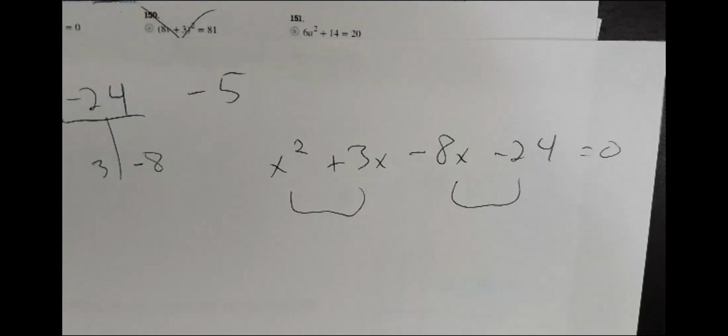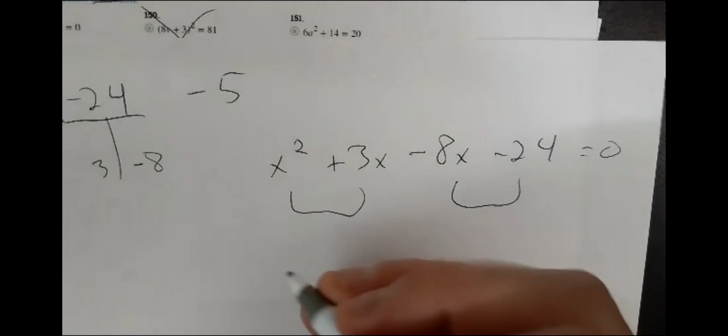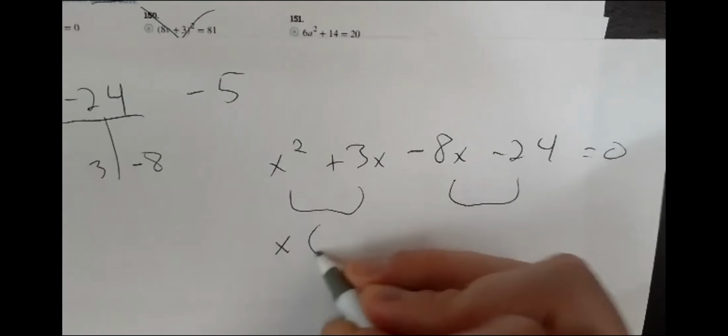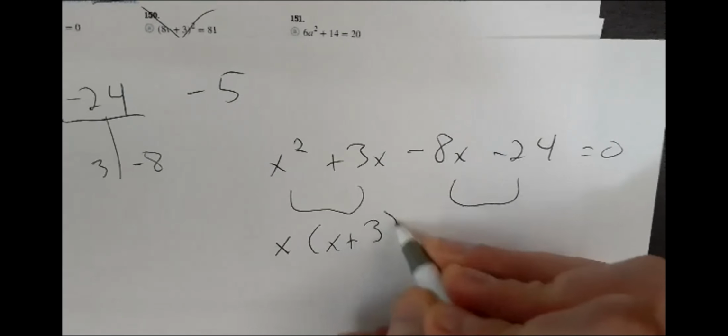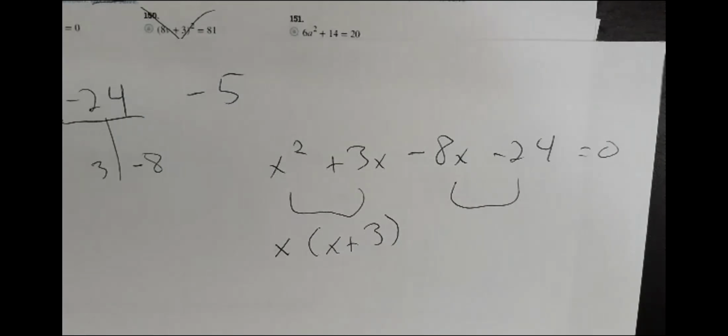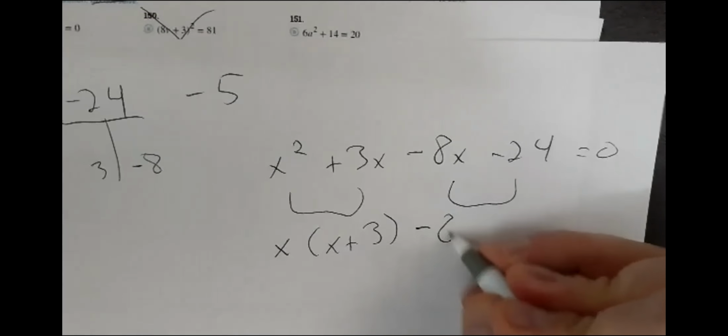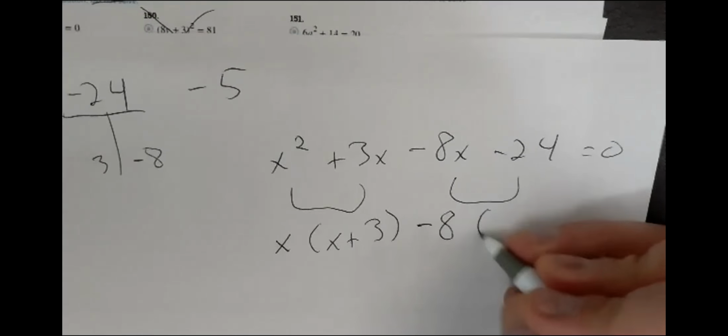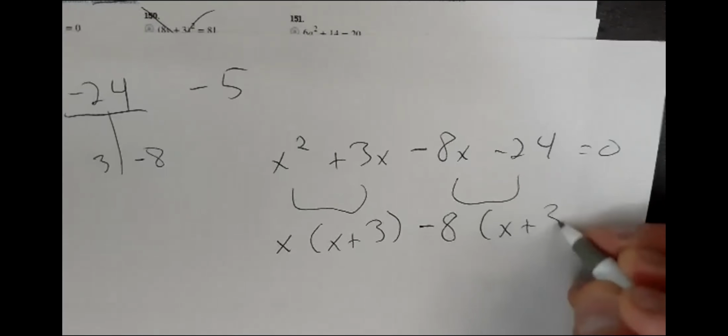So factor here and here, here and here. Between these, I think I can take out an x, and it leaves me x plus 3. What can I take out here? 8. Yeah, -8. So you can take out the negative with the 8.